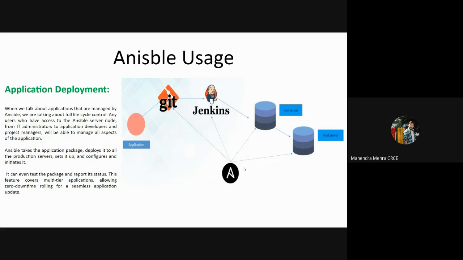So Ansible has this feature where you can integrate with Jenkins and Git, and using the Git and Jenkins command line, you can simply write scripts for Ansible to perform configuration management. So as a form of pipeline, you can also integrate Ansible with Jenkins. In a Jenkins pipeline, after you code, test, and build, you can create a pipeline for Ansible where Ansible will configure the server and deploy the built code onto that server.